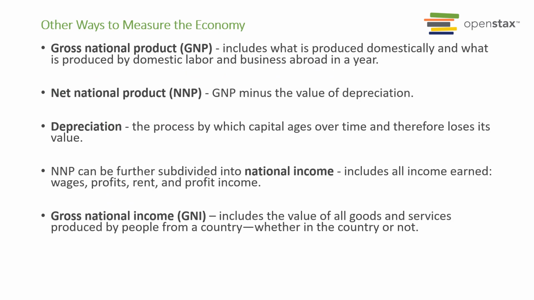All right, so a couple more definitions here. GNP stands for gross national product. This is everything produced domestically, and also everything produced by your home economy. So the difference between GDP versus GNP: GDP is everything produced in the country, regardless of who produced it.